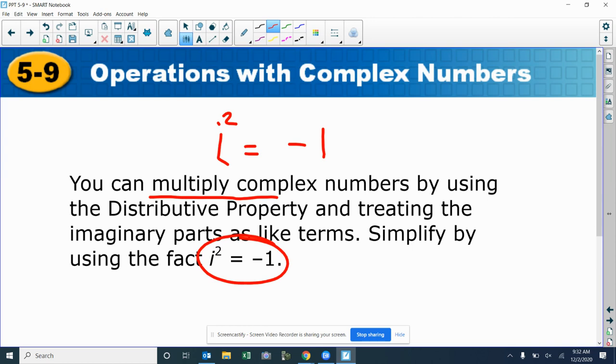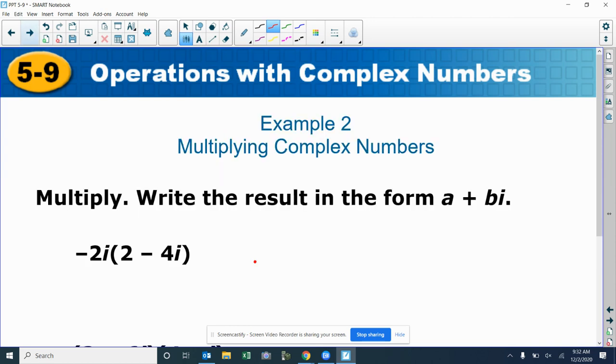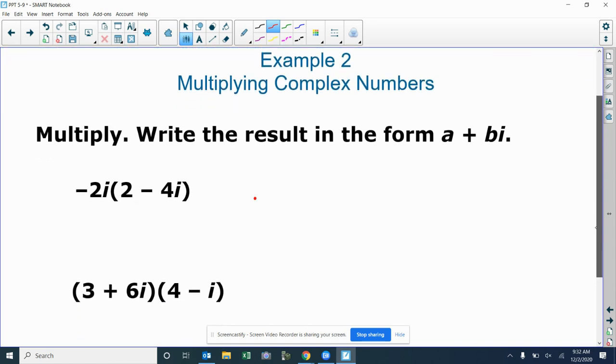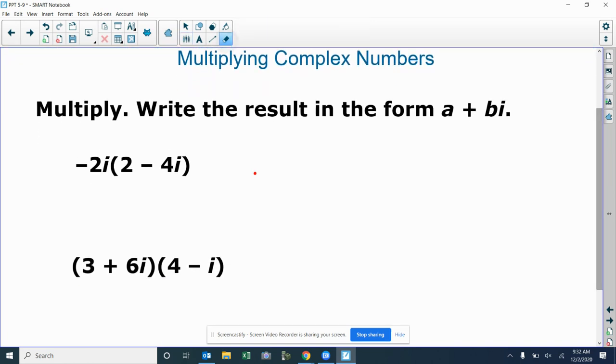So multiplying, you've already been multiplying. You should feel pretty good about that. Let's go ahead and do this first one together. We will simplify it after that, so we do need to do that. So I'm gonna take this -2i times this 2, and I'm gonna get -4i. So -2 times 2, the i is coming along.